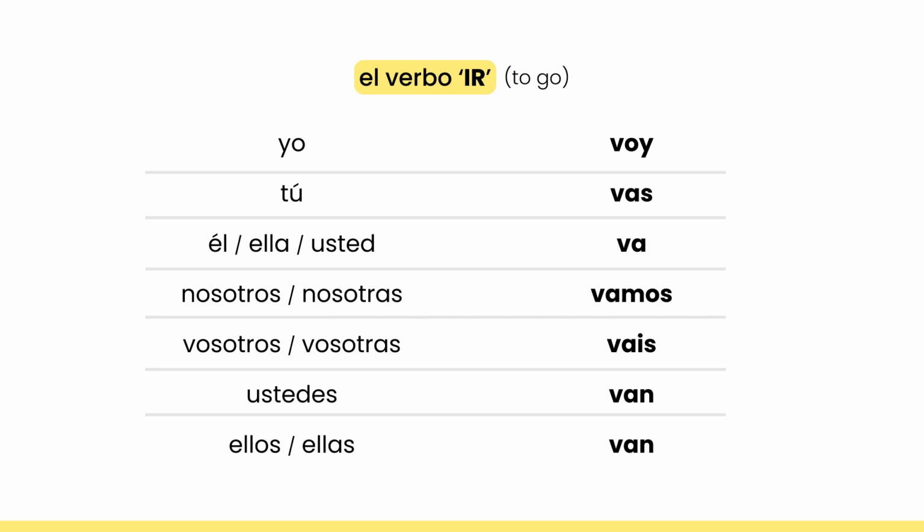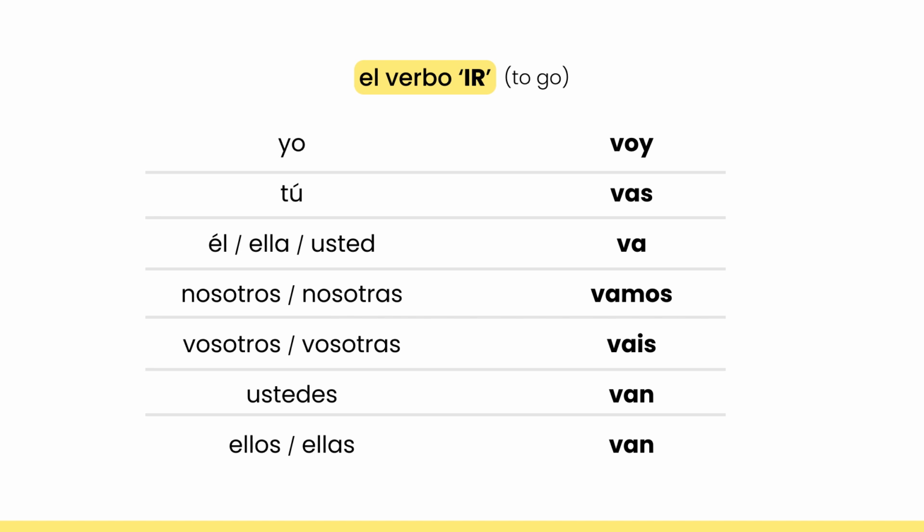And we also add a y at the end of voy, so V-O-Y. Normally with regular verbs we don't add a y, we just add an o. But if we then move on to the other conjugations, you will see that it follows pretty much the same rules as regular verbs, which is that it has the same stem. So in this case, the stem is just the V. And then for tú, we add as.